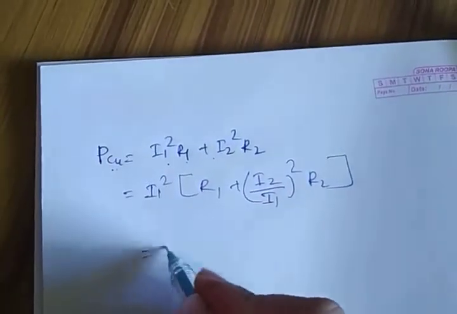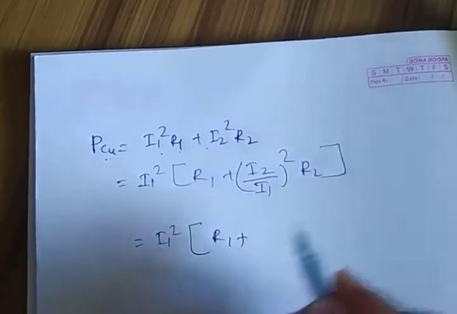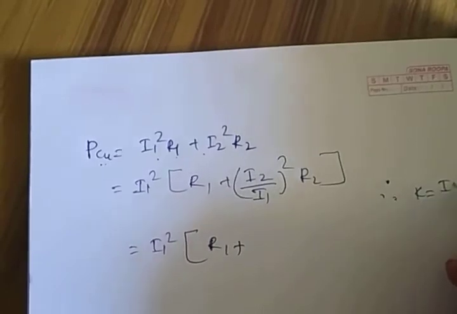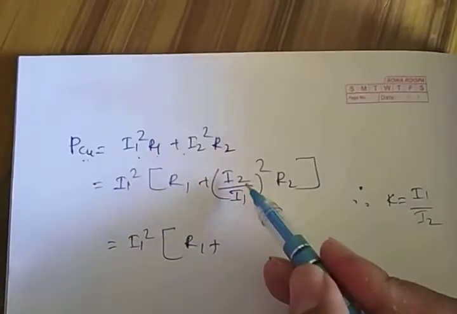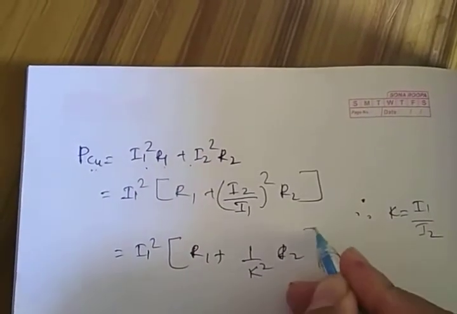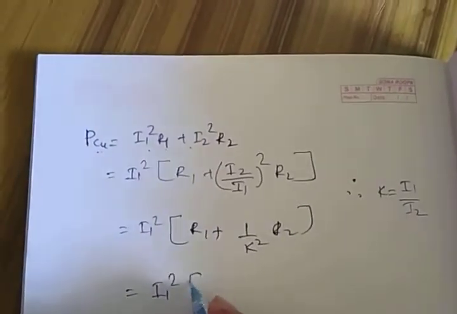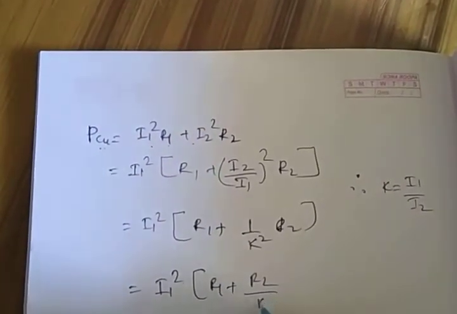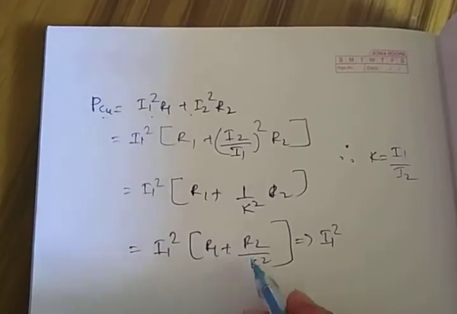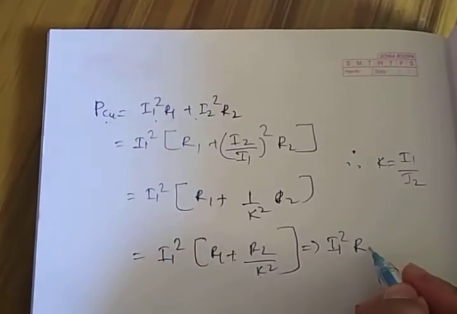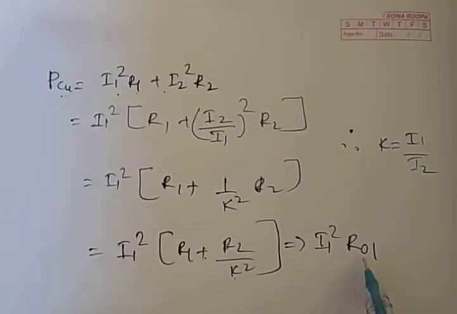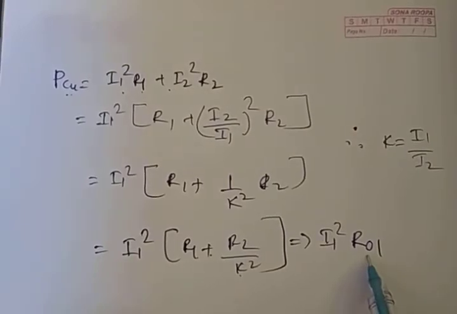We know that K is equal to I2 by I1, the transformation ratio, so I2 by I1 is 1 by K. So it is 1 by K square into R2, or simply I1 square into (R1 plus R2 by K square). This R1 plus R2 by K square can be written as R01, the total resistance of the transformer referred to primary.